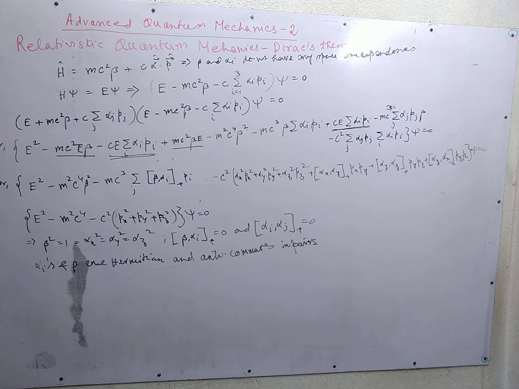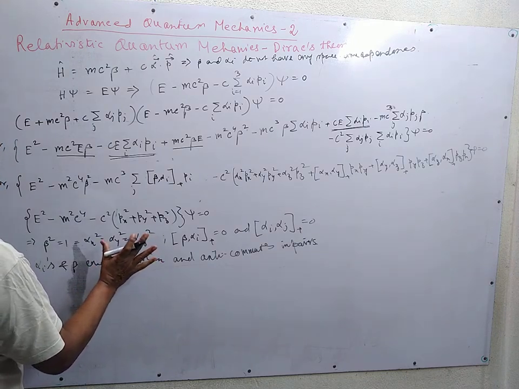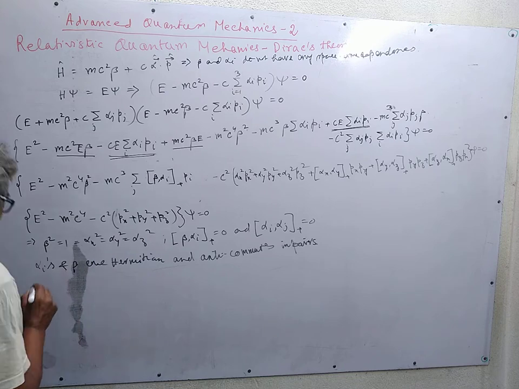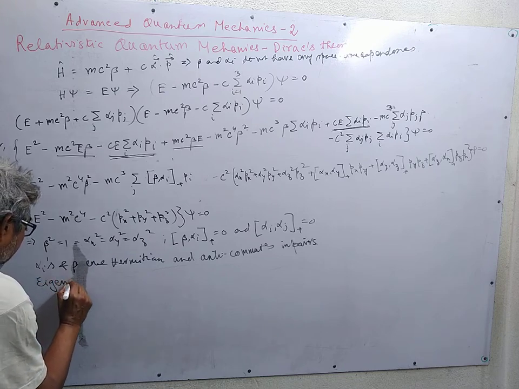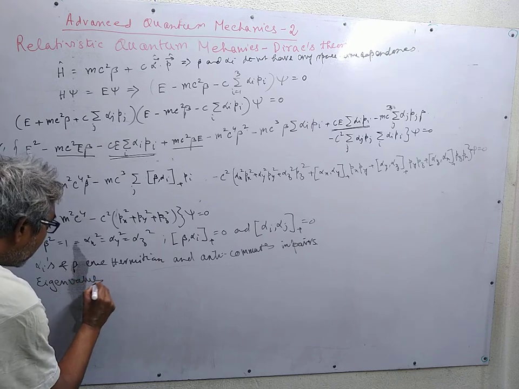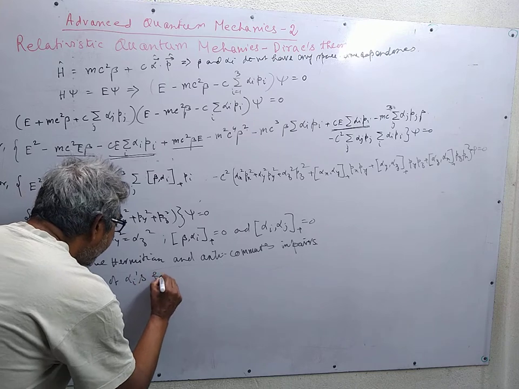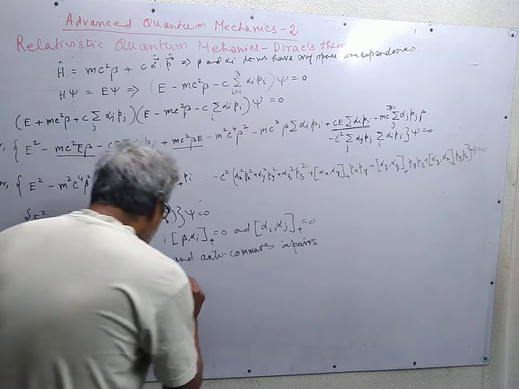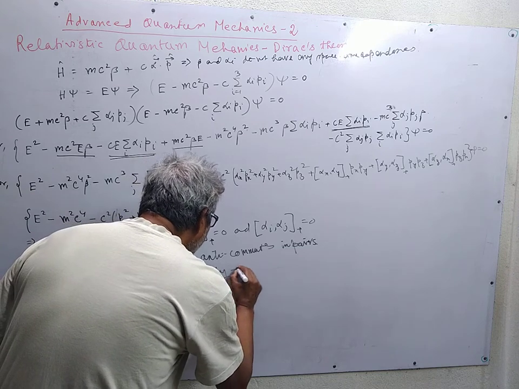Furthermore, they have determinant plus minus 1. As their squares are 1, the eigenvalues of the alpha i's and beta are only plus minus 1.